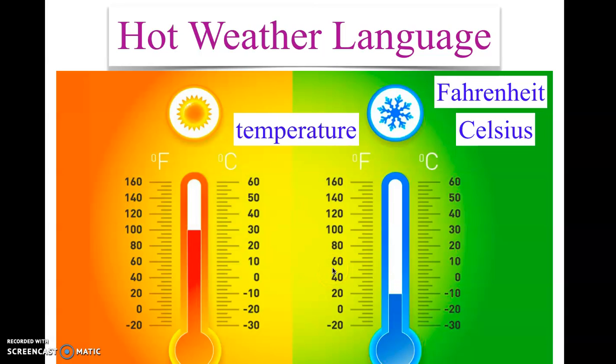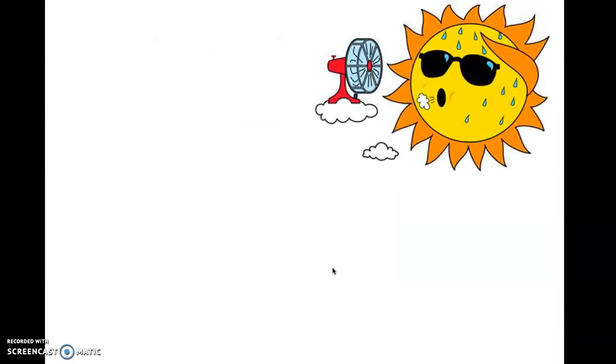So let's go ahead and look at our hot temperature language. Here you have the sun, who is hot, wearing the sunglasses and has the fan. Starting from not very hot, we have mild, right? So a mild temperature might be like 70 degrees. Keep in mind, adjectives are always dependent on the person.